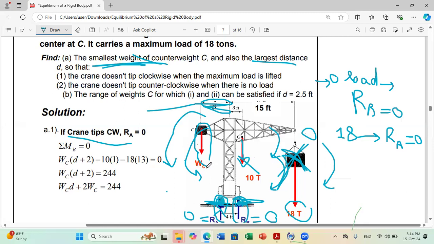I'm just left with the moment of WC and the moment of 10 tons about point A.